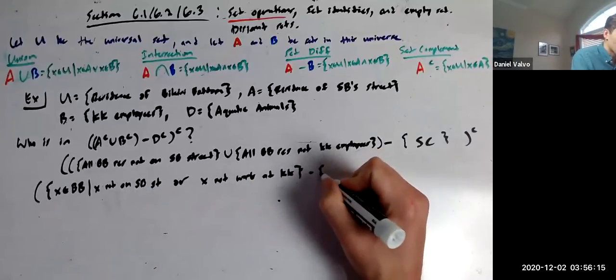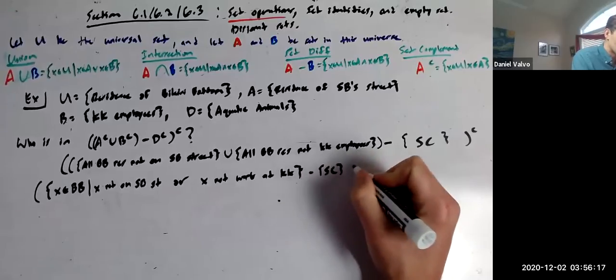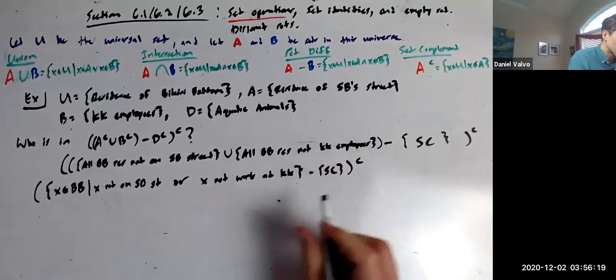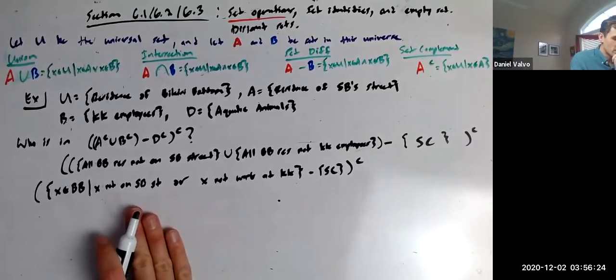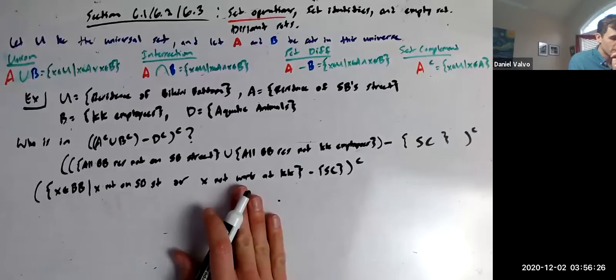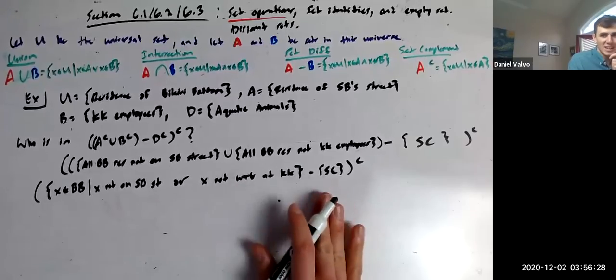They're going to subtract Sandy Cheeks. So this is everybody in Bikini Bottom that's not on SpongeBob Street or has not worked at the Krusty Krab. And then we're going to subtract Sandy Cheeks from this.